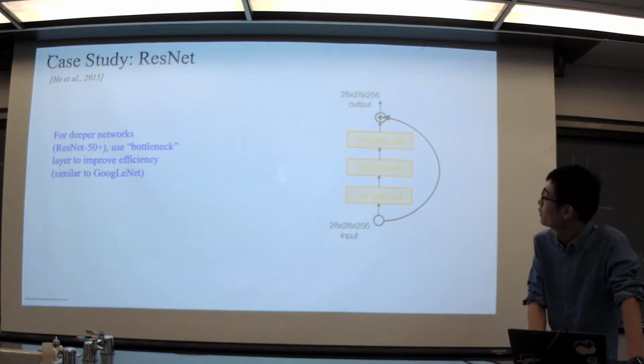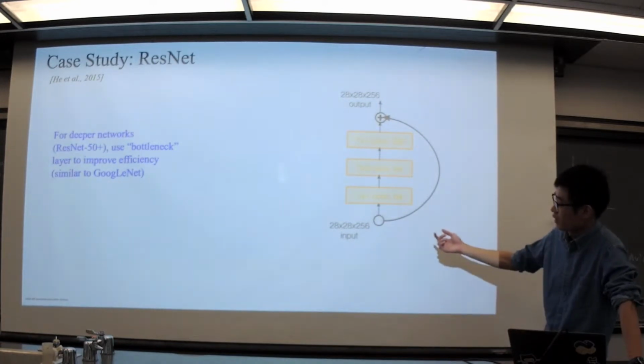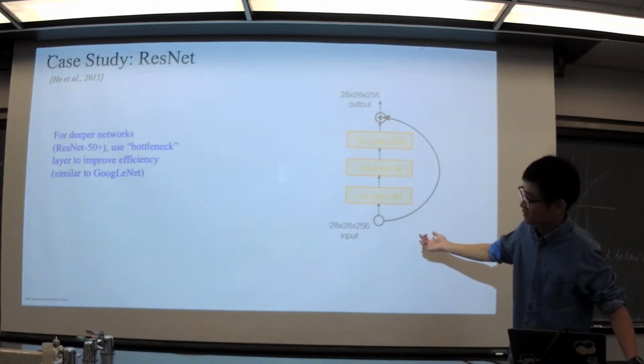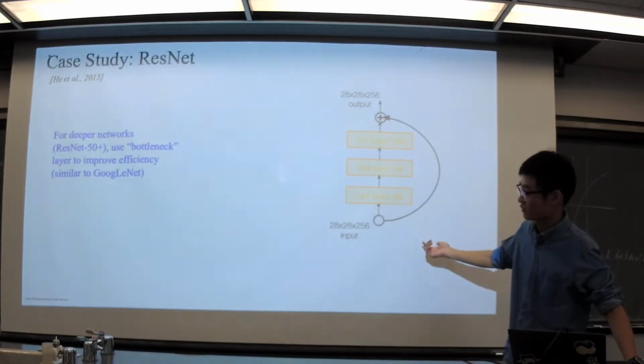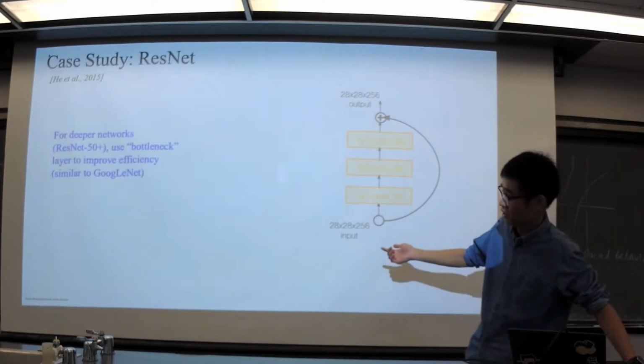For deeper networks, here's another format of the ResNet block. They published a different type called the bottleneck ResNet block for deeper networks to improve efficiency.